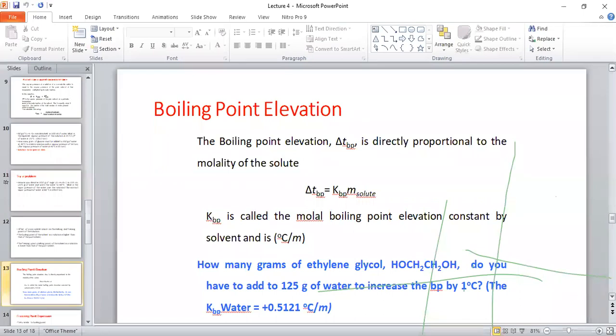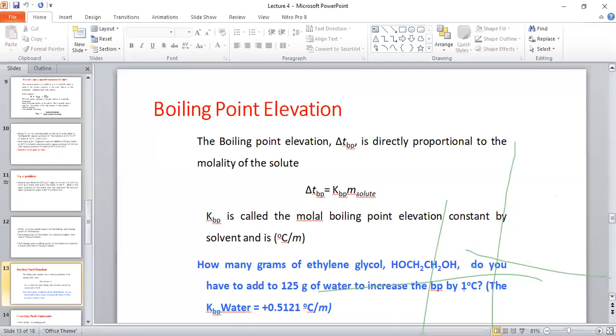I believe you know that, but let me just remind you that molarity is the number of moles of a substance per liter of solution, and so it can also be referred to as molar concentration. But molality is the number of moles of solute per kilogram of solvent.